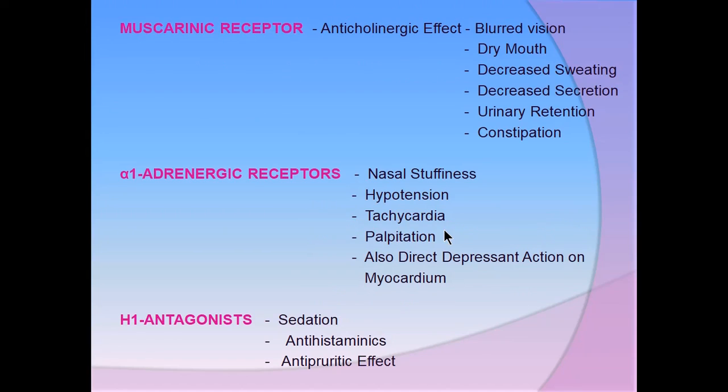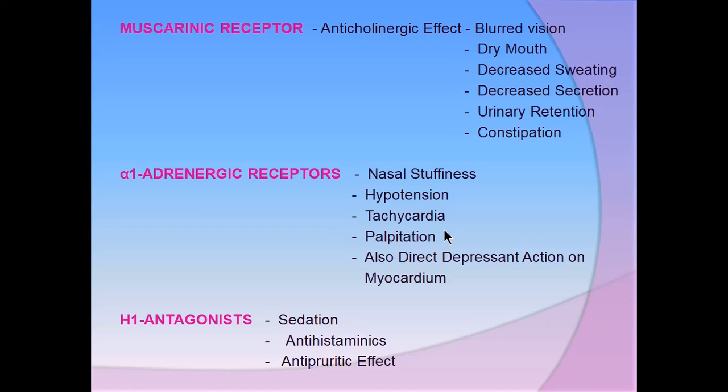On muscarinic receptors, it has anticholinergic effect to produce blurred vision, dry mouth, decreased sweating, decreased secretion, urinary retention and constipation.